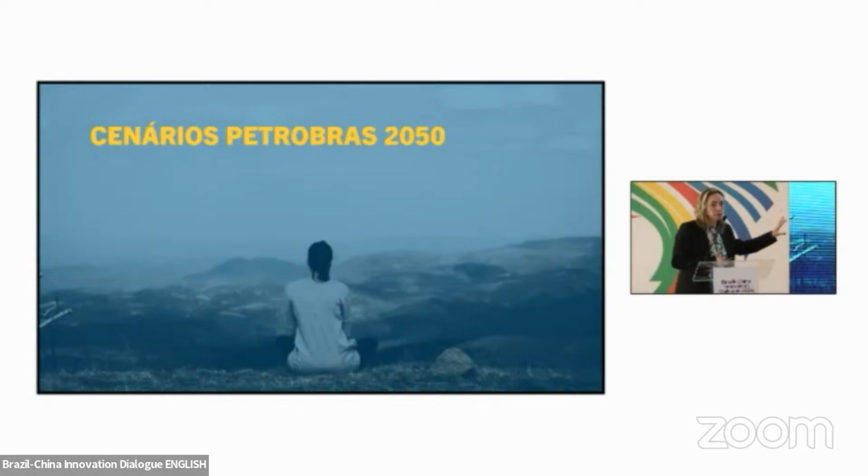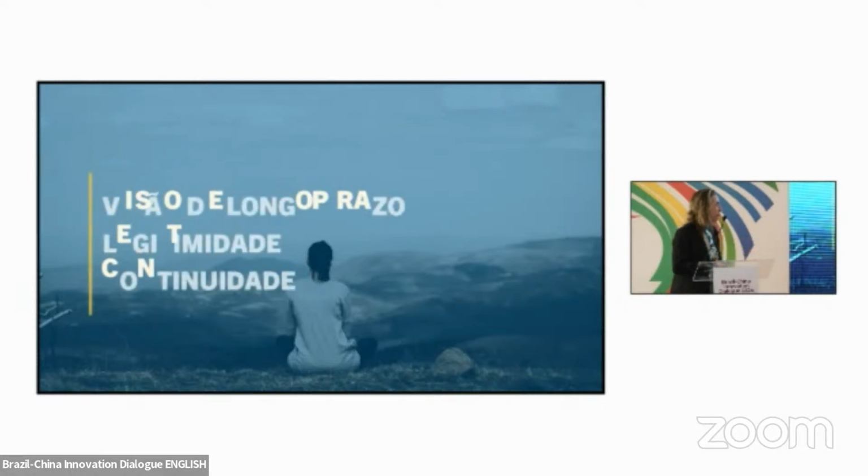So what I mean here is how we are working with the 2050 scenario, and it's a bit scary to think about so much time, but it goes over 30 years, right? So the amount of planning and strategy that you have to have is about 30 years. So you have to have a long-term view, and this is the essence of the Petrobras business that makes it mandatory to have this long-term view.